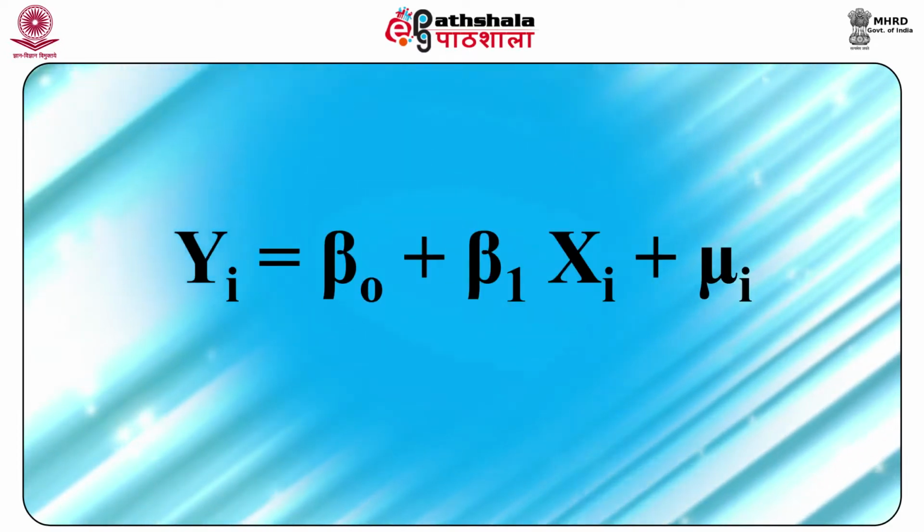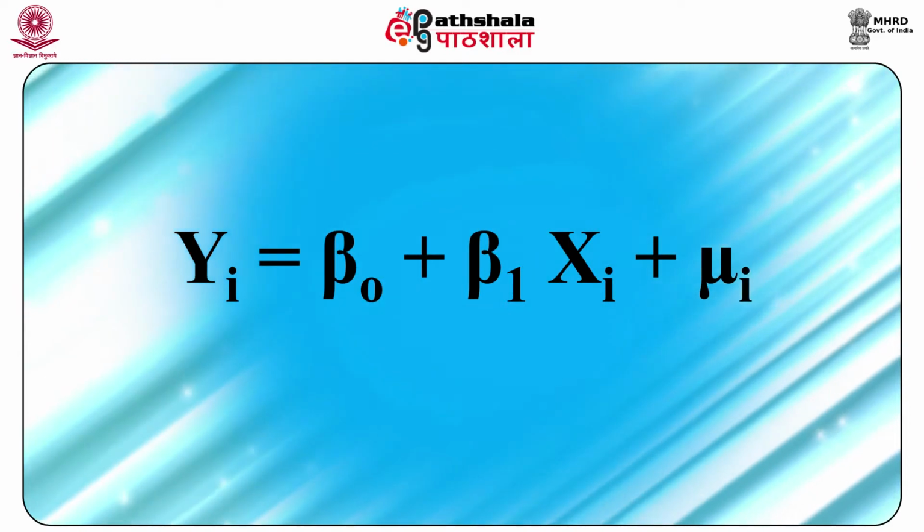By a linear model, we mean the model is linear in parameters, that is beta 0, the intercept, and beta 1, the slope parameter. That is, for our population regression function, yi is equal to beta 0 plus beta 1 xi plus mu i, both beta 0 and beta 1 are raised to power 1, that is, they are of degree 1. The population regression function, however, may or may not be linear in the explanatory variable xi.